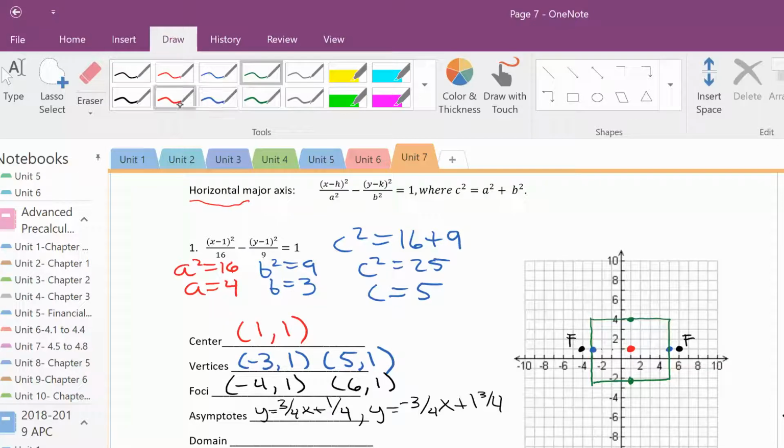And then we can draw our asymptote through the center and the corner of the box. All right. And then you draw your hyperbola.